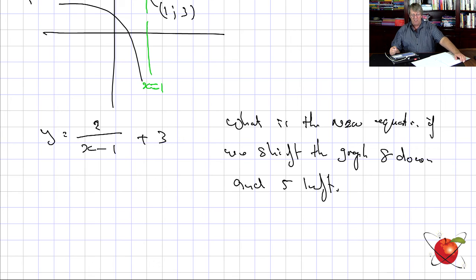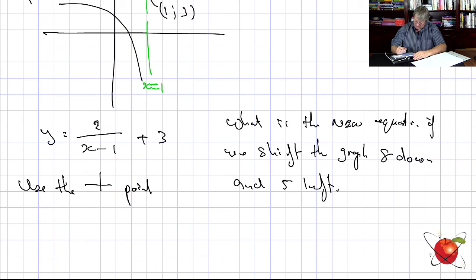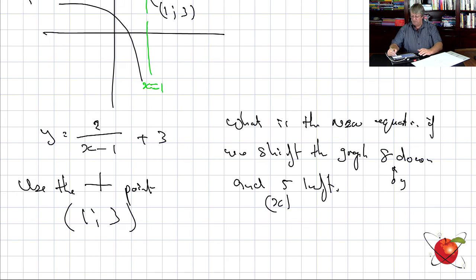Remember the parabola? We took the turning point. In this one, use the crosshair point. The point 1 and 3. We are going to now say down affects the y and left affects the x, doesn't it?